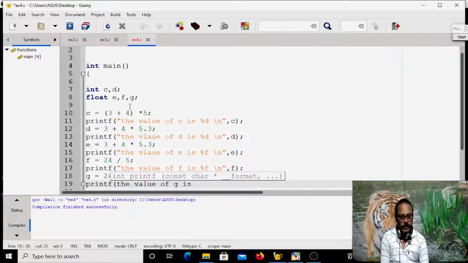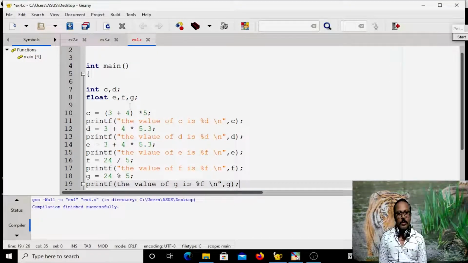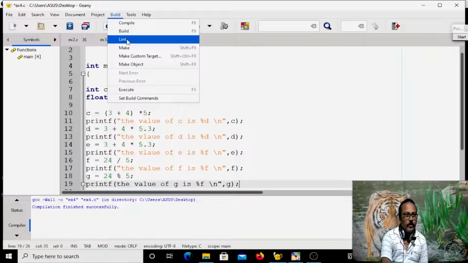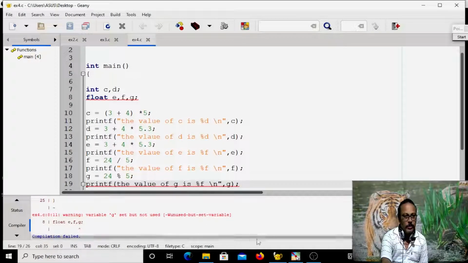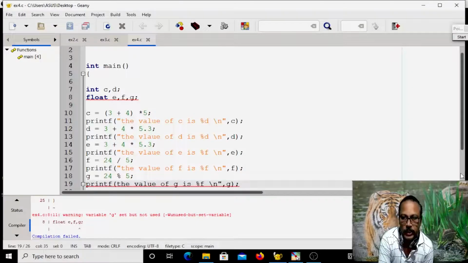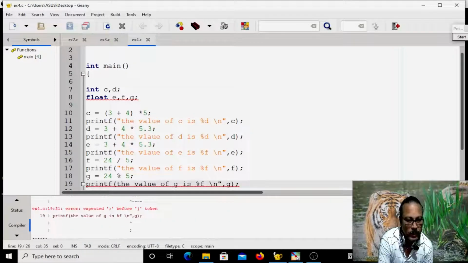So what is the value of G? Compilation failed. Why? Warning, and the actual error: expected semicolon.